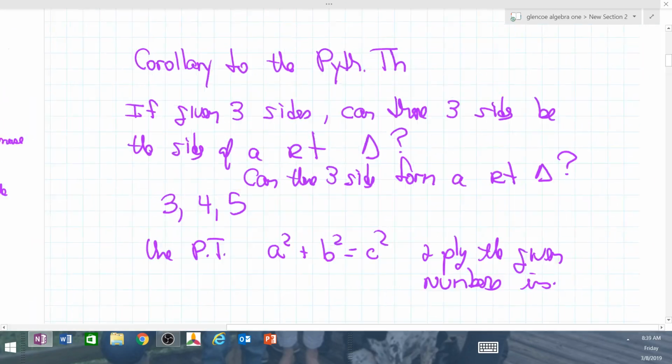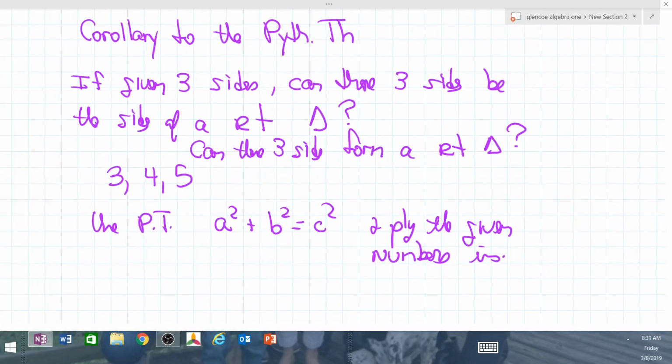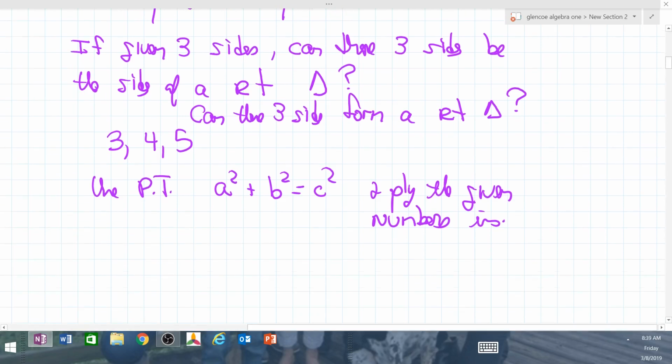Does it matter if we call 3 side A or side B? What is the only one that we definitely have to put in the right place? C, which would be what? 5. And we know that side C is equal to 5 because the hypotenuse is always the longest. So here we go.